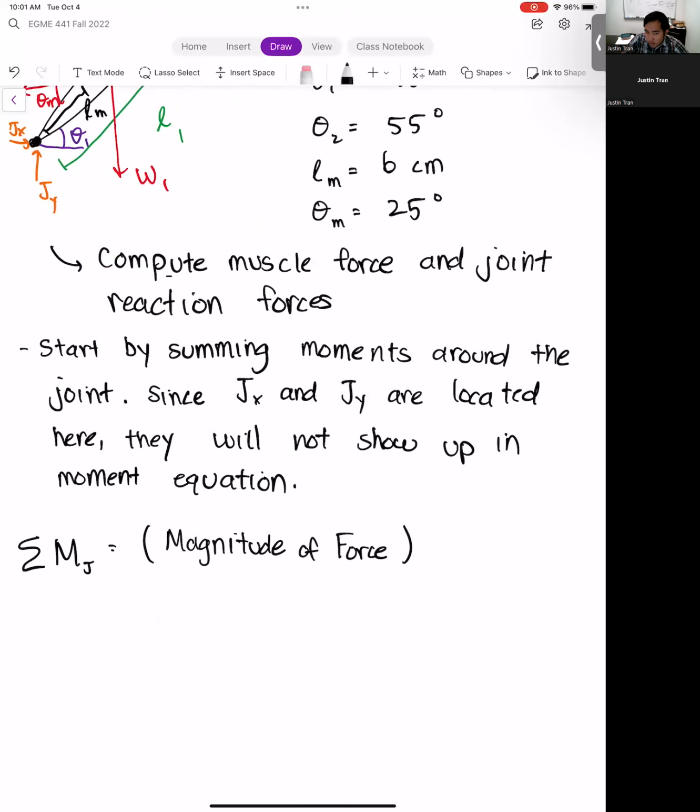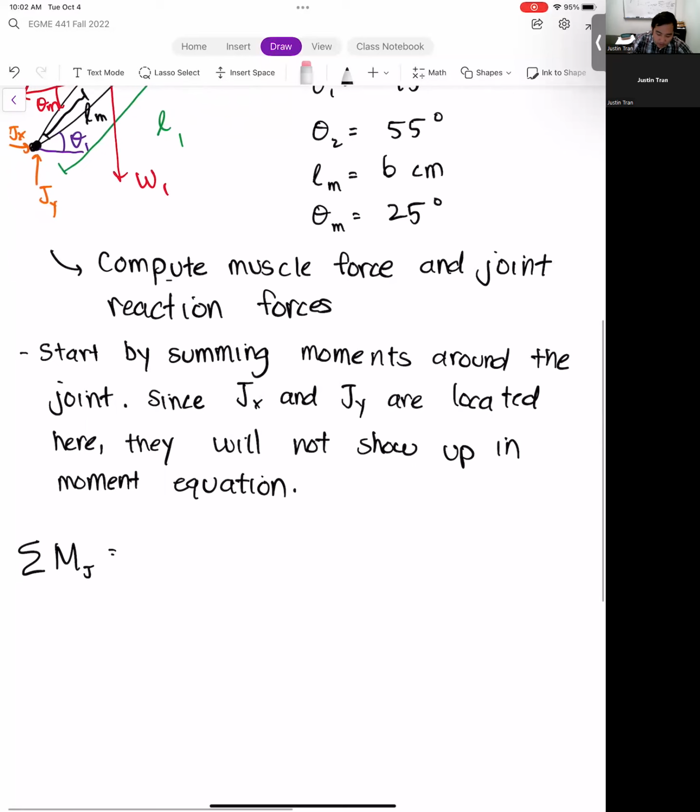And then the tricky part is that you're going to multiply it by the perpendicular distance between the force and the joint, which is known as the moment arm. I think that's the part that people get tripped up on the most, is determining what that moment arm is for every single force.